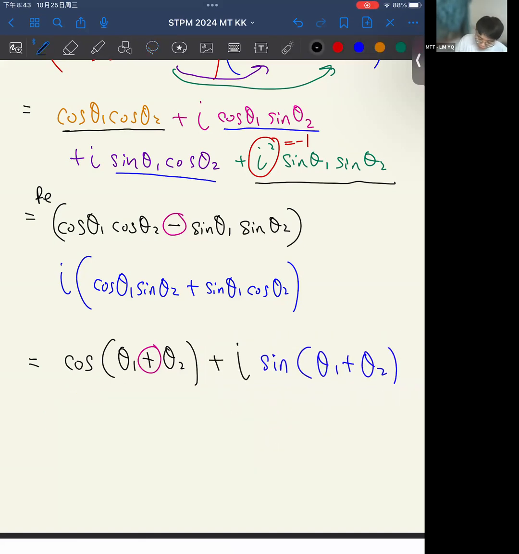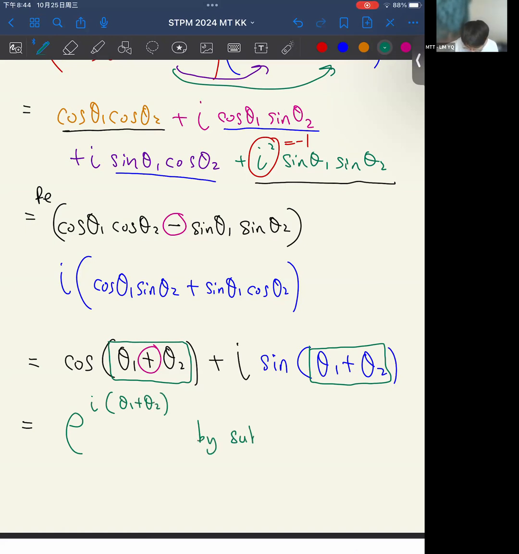Now, using formula 4 again by substituting x equal to θ1 + θ2, you see the form is the same, cos something plus i sin something. This something is θ1 + θ2. So it becomes e^(i(θ1 + θ2)).